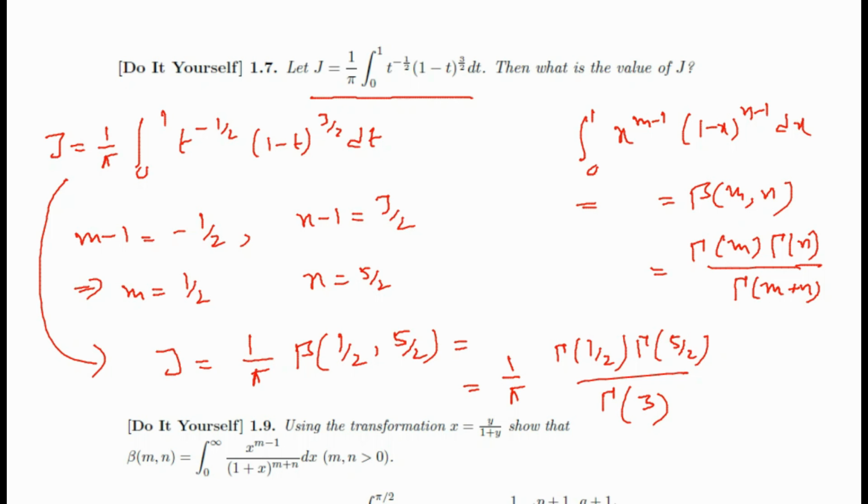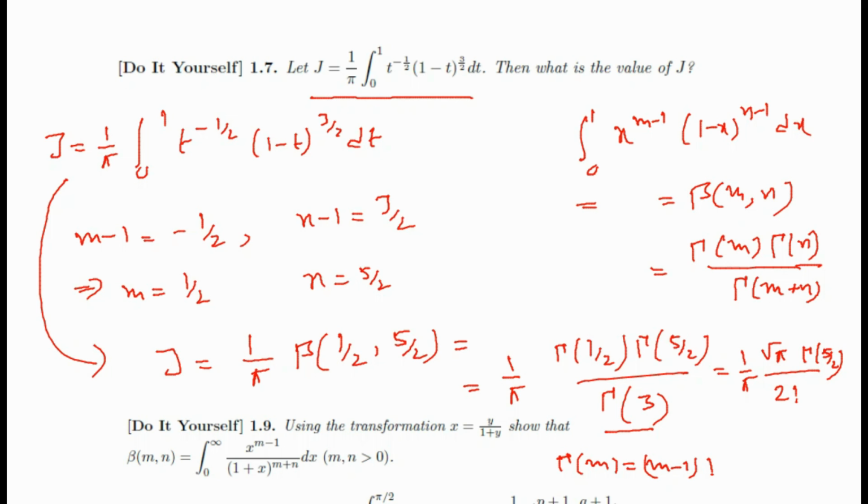Now we need to compute this value. Gamma half we already know, this is root pi, so 1 by pi will be there, root pi. Gamma 3 we already computed. If this is an integer, then gamma m equals factorial m minus 1. That means this is 2 factorial, and gamma 5 by 2.